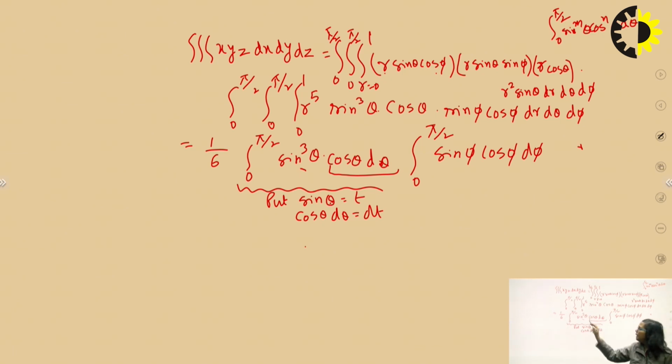And at the upper limit pi by 2, sin of pi by 2 is equal to 1. So converting this integral into an integral in t, I can write 1 by 6, limit will become 0 to 1, in place of sin theta we put t, this will become t cube, and cos theta d theta will be written as dt.